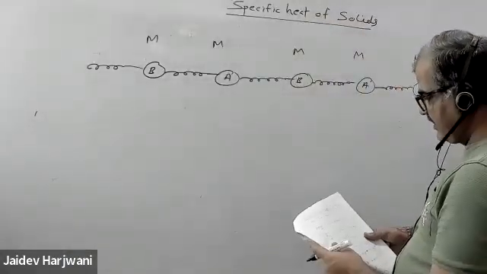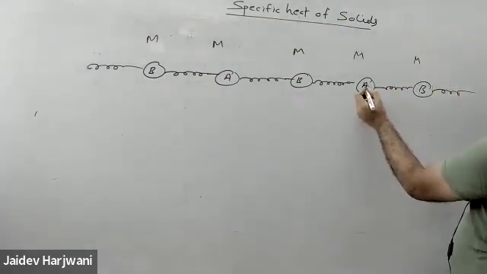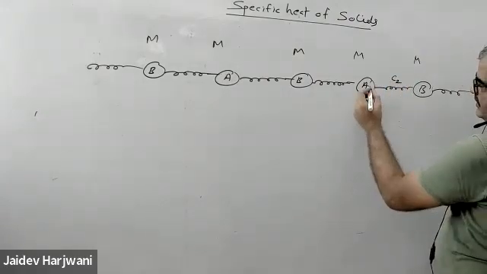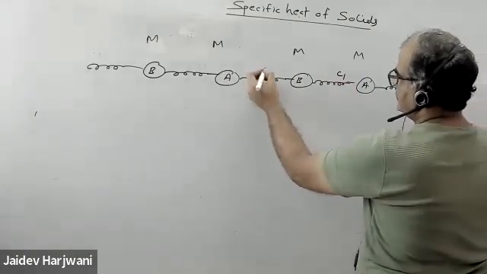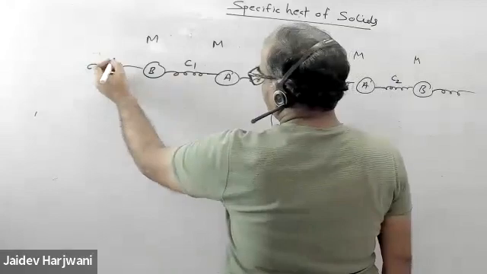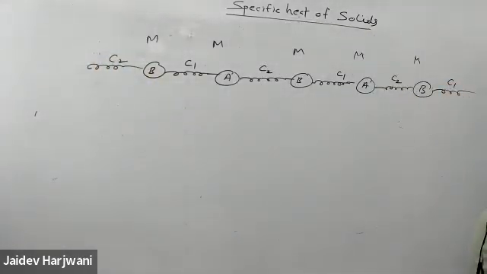Now what is varying is the spring constant, okay. So the right of A is spring constant C1 and the left of A is spring constant C1, okay. This is my C2 spring constant in the chain.